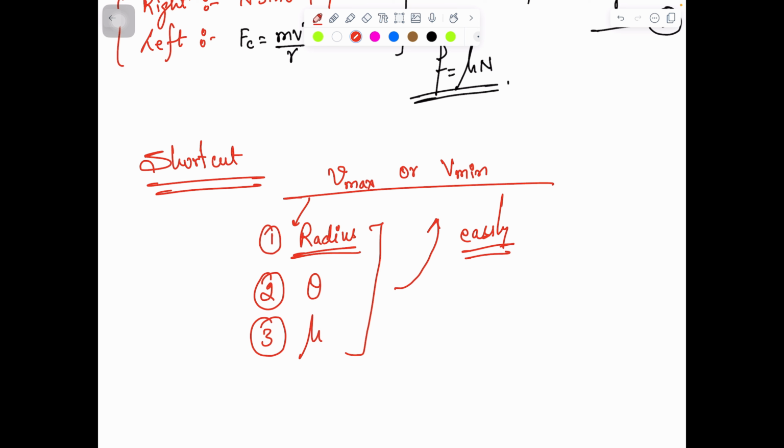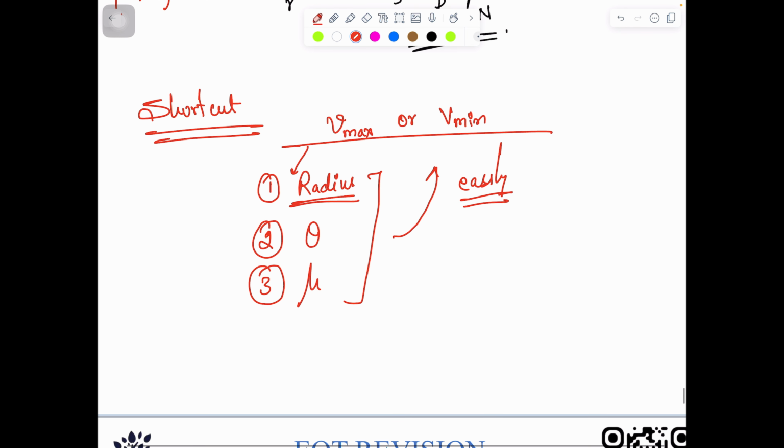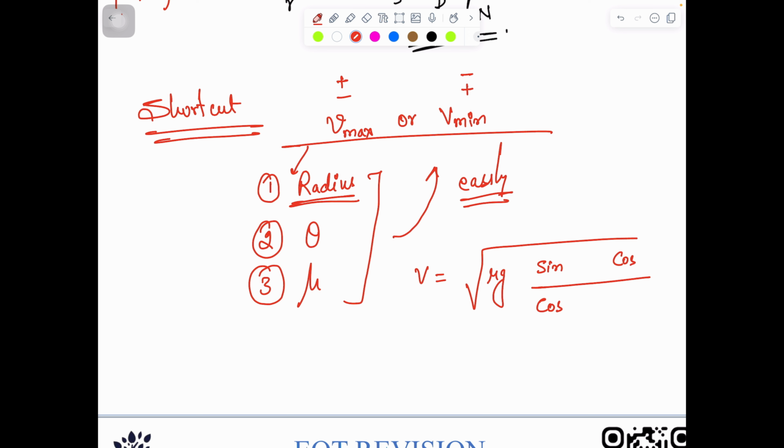You just need to remember: max is positive negative, min is negative positive. Same sine cos over cos sine. Just write V equals root of rg, sine cos divided by cos sine. This much you understand?